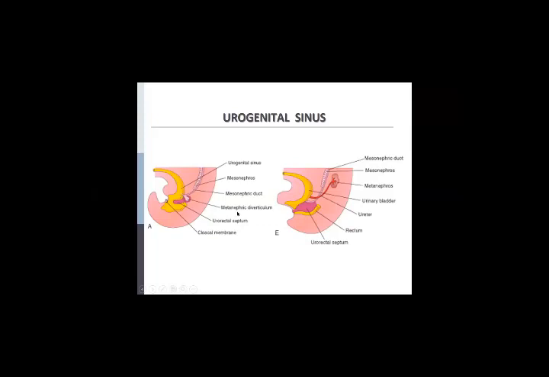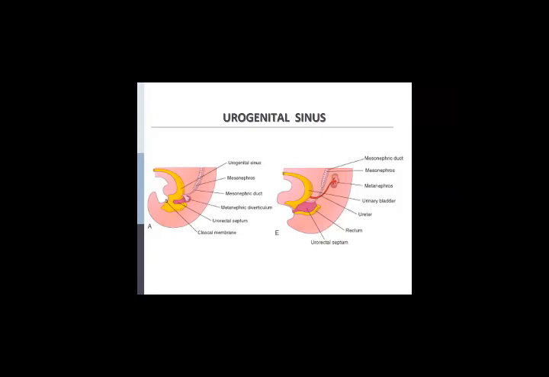Now, this urorectal septum continues to grow caudally and comes in contact with the cloacal membrane. This is the cloacal membrane. As the urorectal septum grows caudally, it comes in contact with the cloacal membrane.